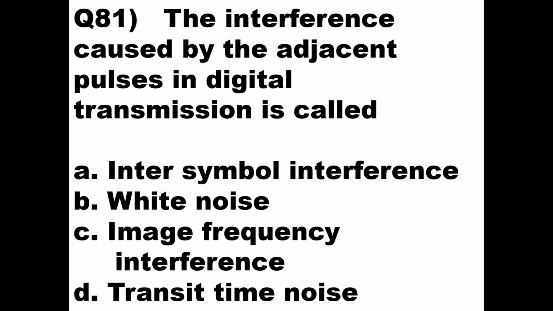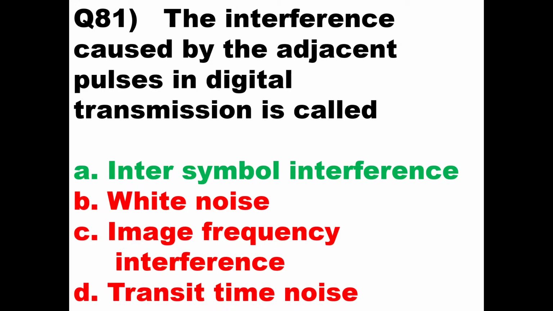Whenever you are decoding a particular bit at the receiver, and other bits have an interference, a residual effect, and therefore you are not able to check whether the incoming bit is 1 or 0, then that type of interference is called inter-symbol interference. So the answer will be A. The interference caused by the adjacent pulses in digital transmission is called inter-symbol interference.